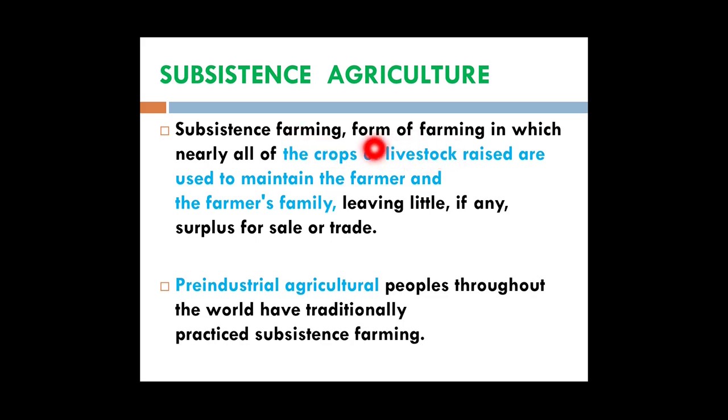Subsistence farming is a form of farming in which nearly all the crops or livestock raised are used to maintain the farmer and the farmer's family, leaving little if any surplus for sale or trade.